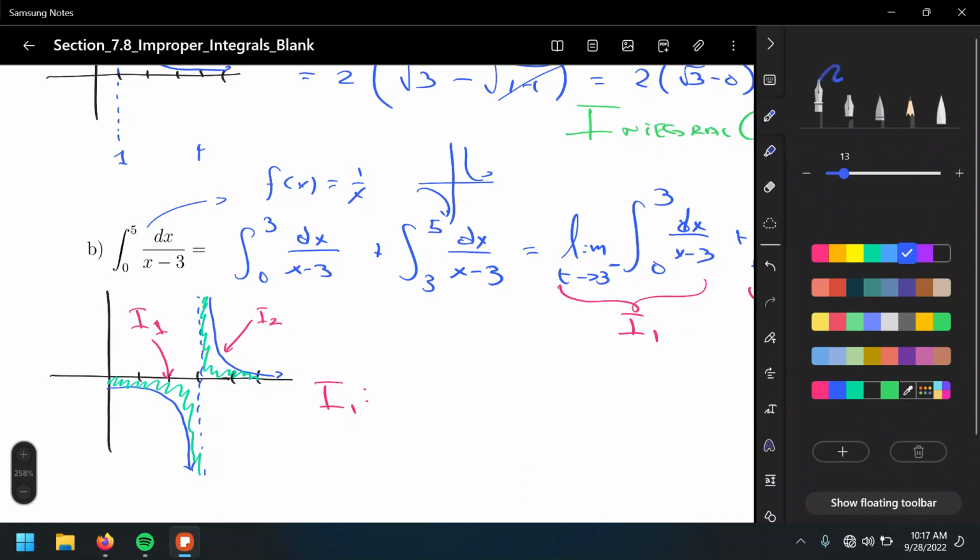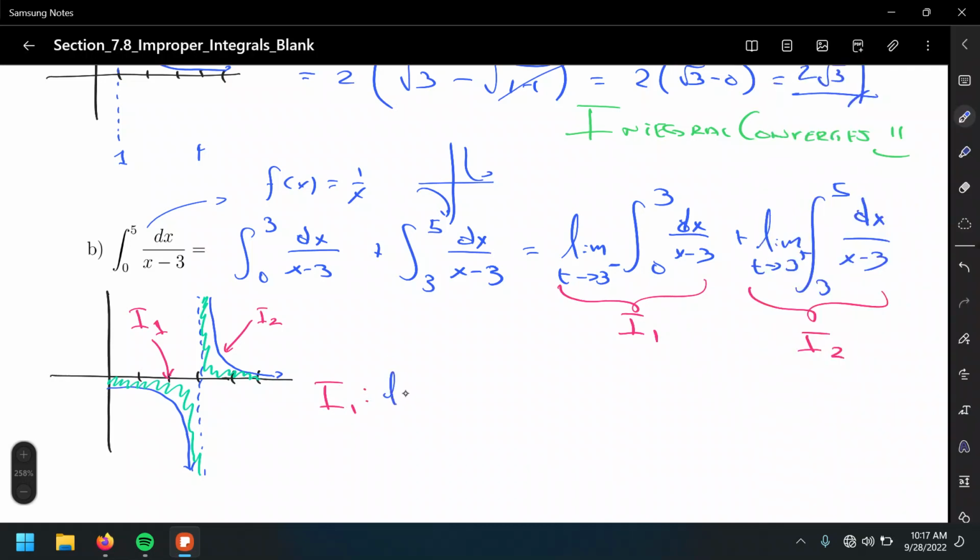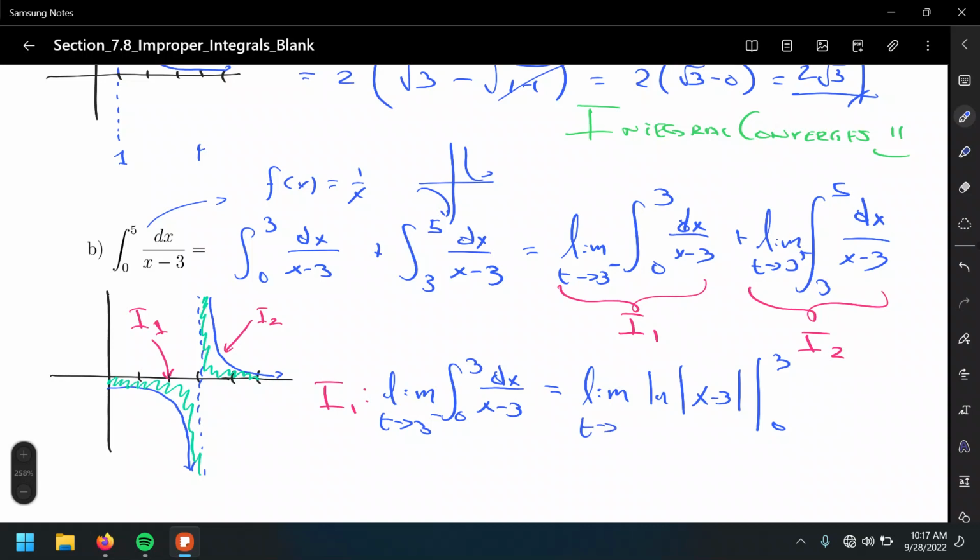For I1, we're going to get the limit of the integral from 0 to t, t approaches 3 from the left, dx over x minus 3. Well, no need to use substitution here because that's 1 over x minus 3. So how about the limit of ln of absolute value of x minus 3 evaluated from 0 to t as t approaches 3 from the left.